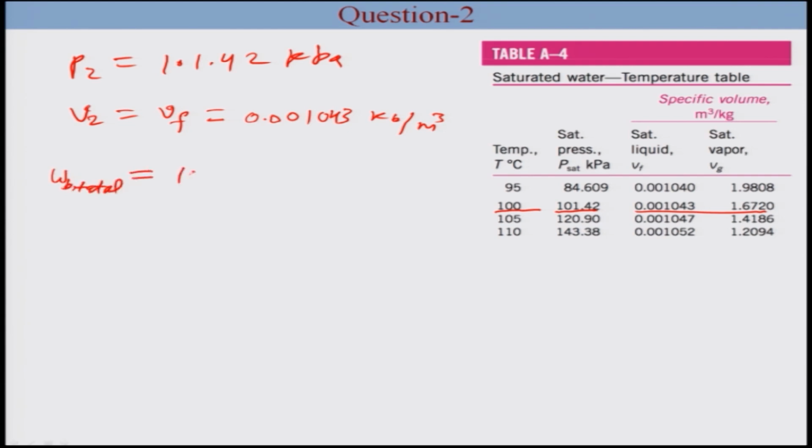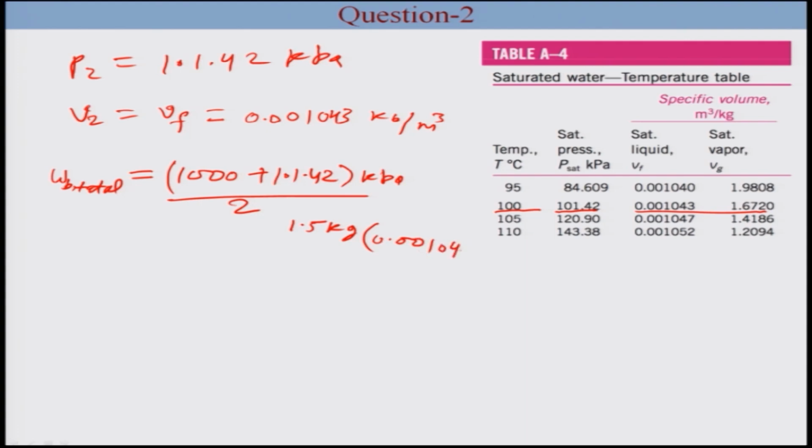So after putting these values in expression 1, we get total work equal to (1000 plus 101.42) kilopascal upon 2, into mass, which is 1.5 kg, times the change in specific volume, which is 0.00104 minus 0.059097 meter cube.